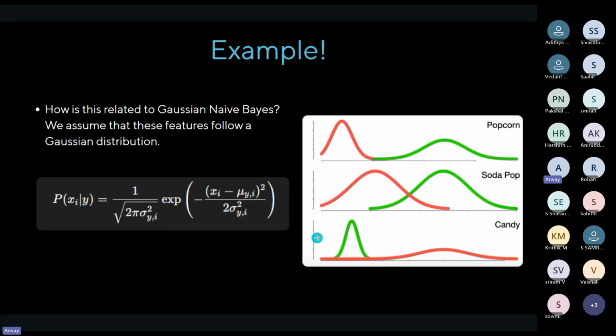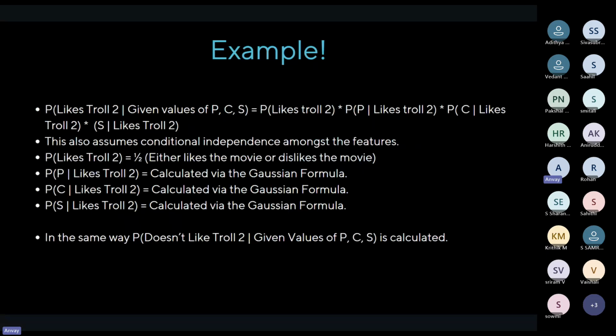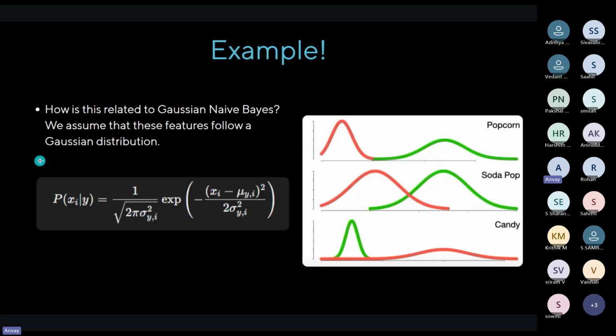We assume our data set follows a Gaussian distribution. So the probability of popcorn follows a Gaussian distribution. Everything just follows a Gaussian distribution here. Then to predict that the person likes Troll 2 is the same naive Bayes algorithm.